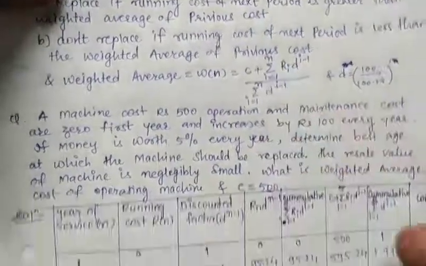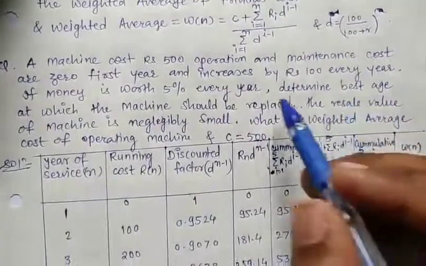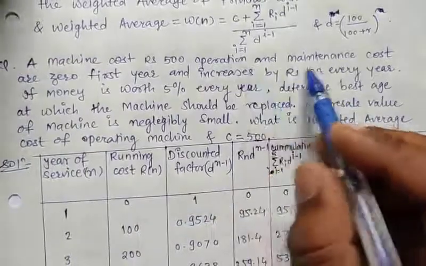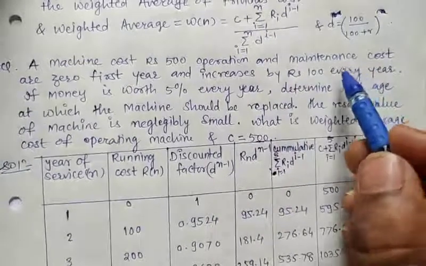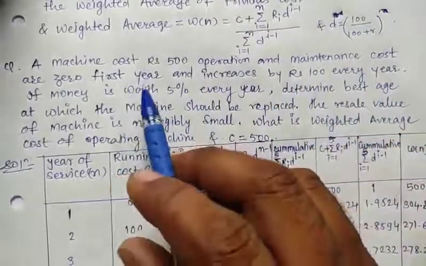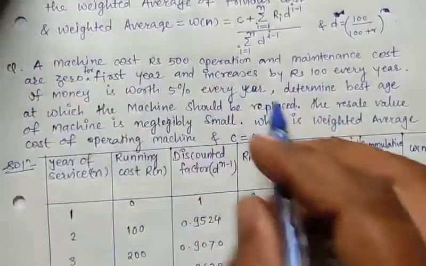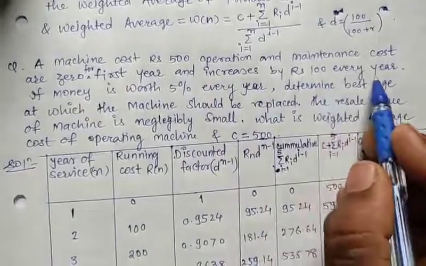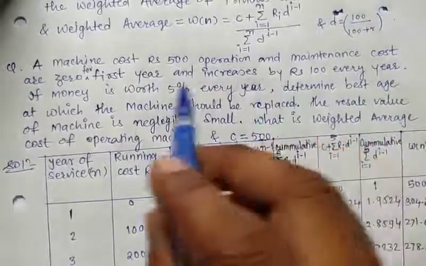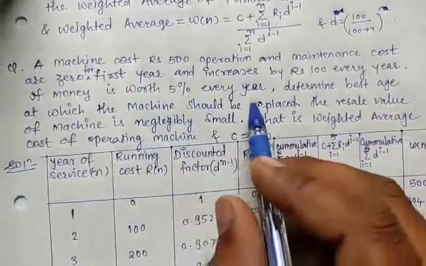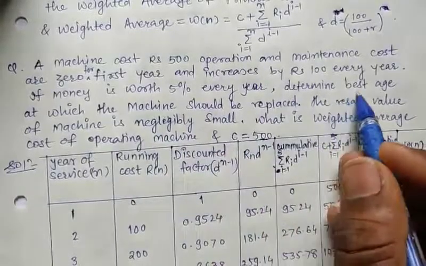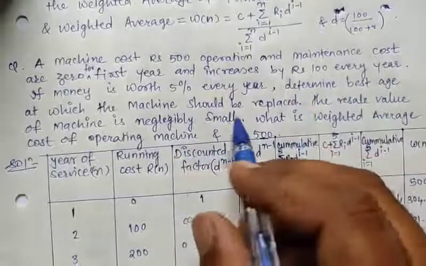A machine costs rupees 500, operation and maintenance cost are 0 for the first year, and increases by rupees 100 for every year. If money is worth 5% every year, determine the best age at which the machine should be replaced.